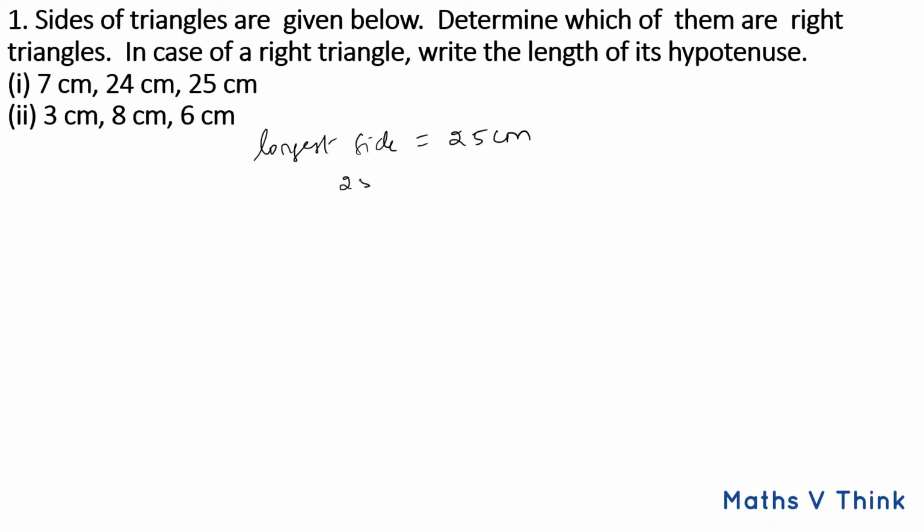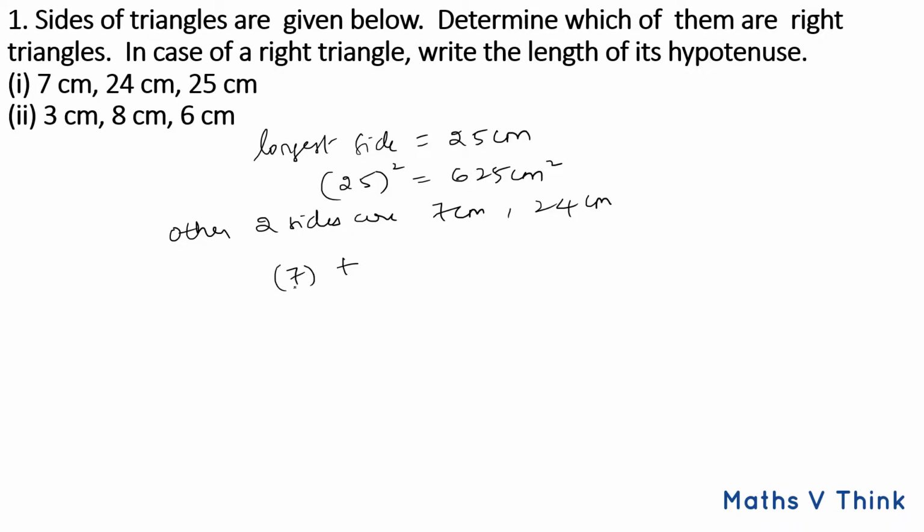So 25 square is equal to 625 centimeter square, and the other two sides are 7 centimeter and 24 centimeter. So the sum of the squares of the other two sides: 7 square is 49, and 24 square is 576.